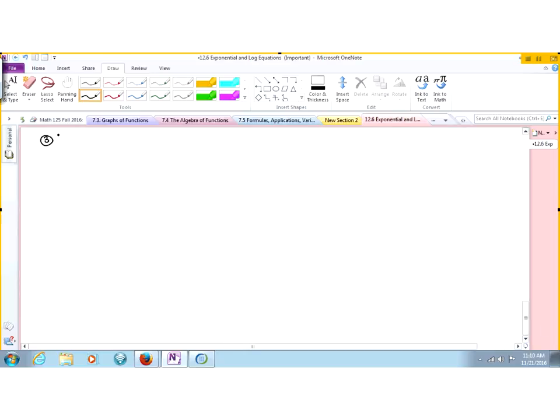Next, number 3. What about this? What if you have log base 7 of x plus 1 plus log base 7 of x plus 2 is equal to log base 7 of 6. All right.